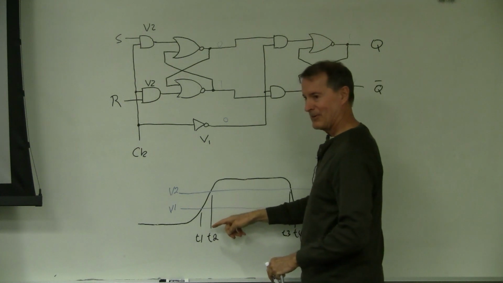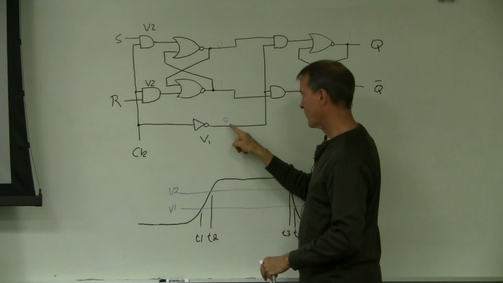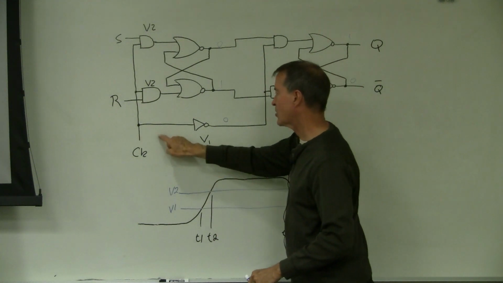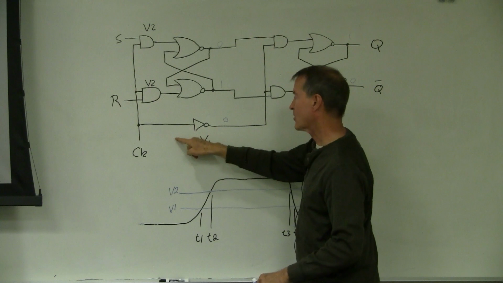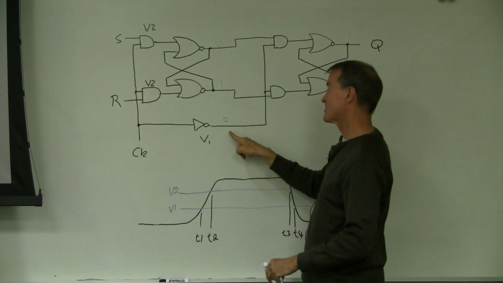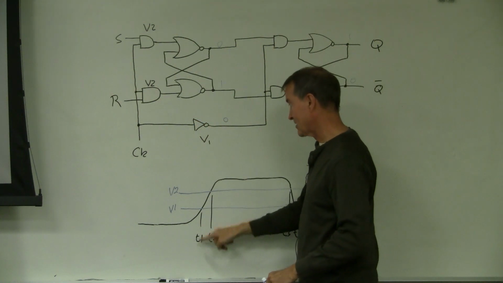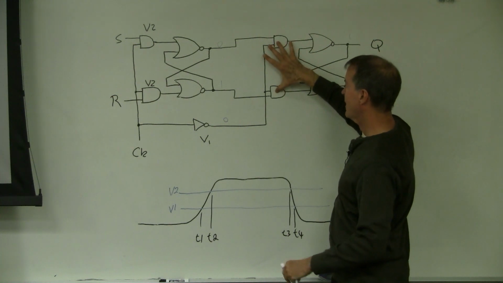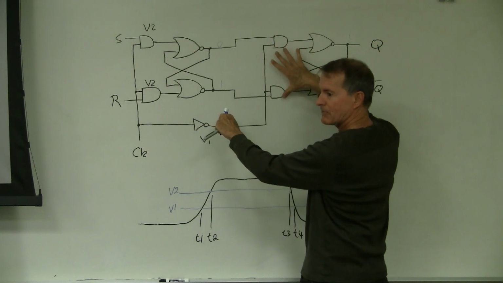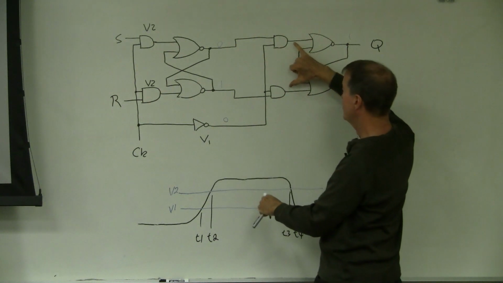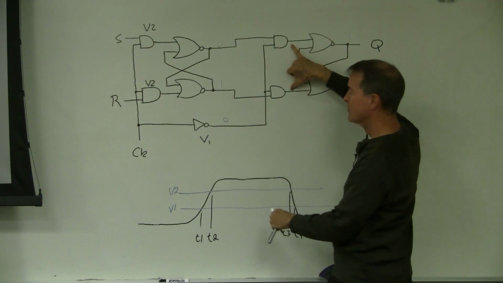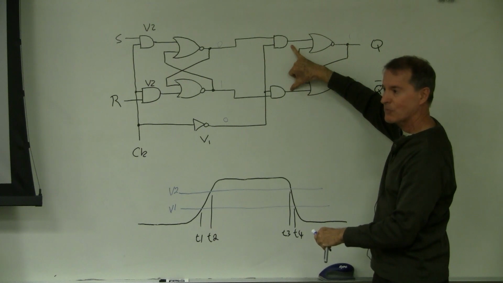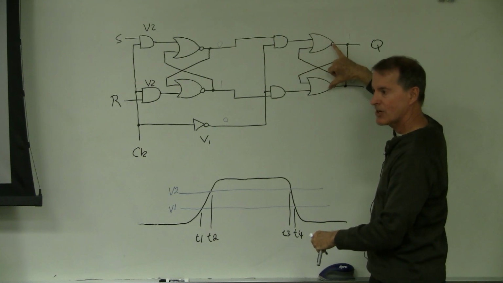So when this flips, the clock is on the way to 1. Well, this flips to 0 at this time T1. All right? And what that does is uncouple the master from the slave, right? Because now on the other side of these AND gates we have zeros, and so this state will not change.